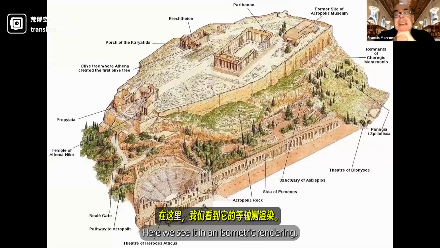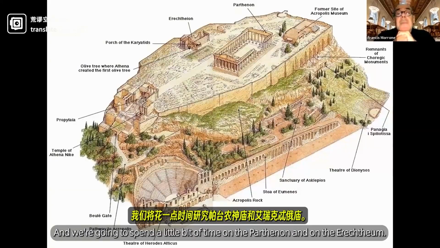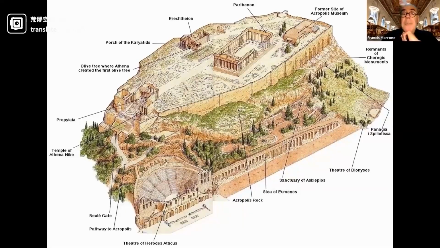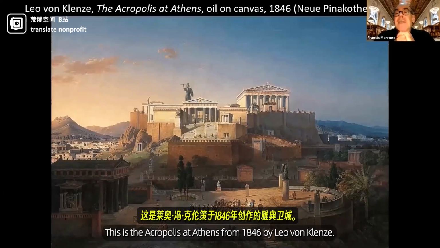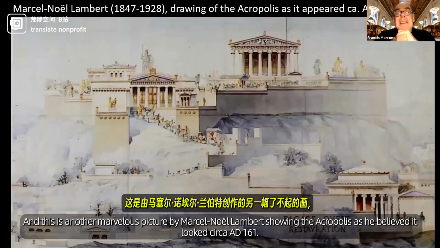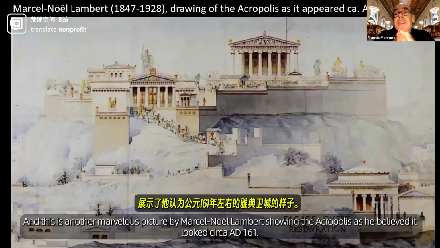Here we see it in an isometric rendering. And we're going to spend a little bit of time on the Parthenon and on the Erechtheum. This is that painting with which we began, but here you get to see it in color. This is the Acropolis at Athens from 1846 by Leo von Klenze. And this is another marvelous picture by Marcel Noël Lambert, showing the Acropolis as he believed it looked circa AD 161.